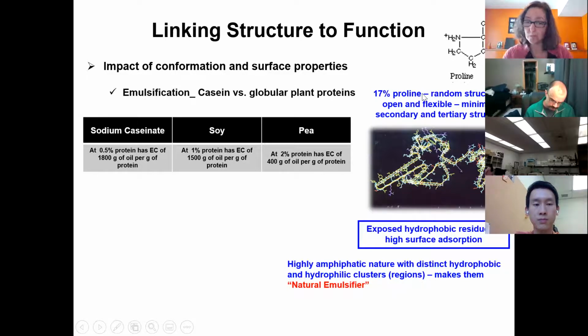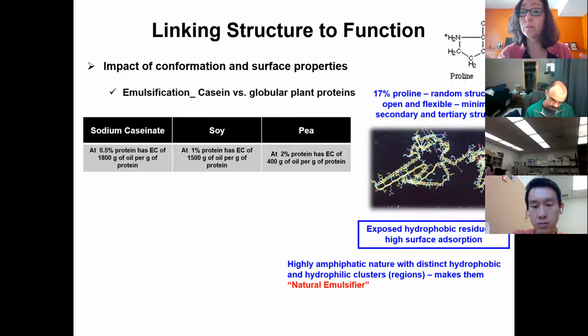So it has a high percentage of proline that results in this open structure. It's very flexible. It doesn't have disulfide linkages. It does have maybe one or two, but it's not stabilized by disulfide linkages.